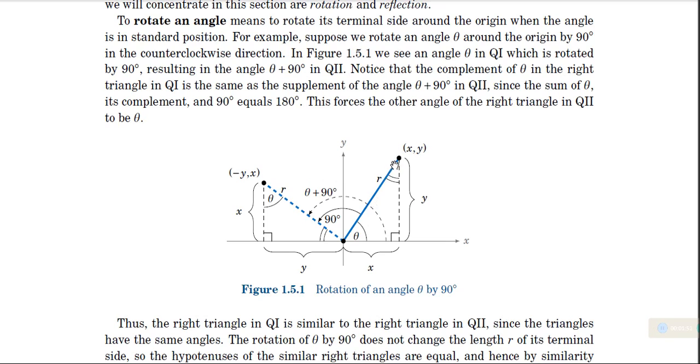Ngayon, pag nirotate mo itong terminal side natin ng 90 degrees counterclockwise, makakabuo ka ulit ng isang right triangle by drawing a line perpendicular to the x-axis passing through your terminal side. And what will be the properties of that triangle? So, meron tayong tinatawag na reference angle, tama?